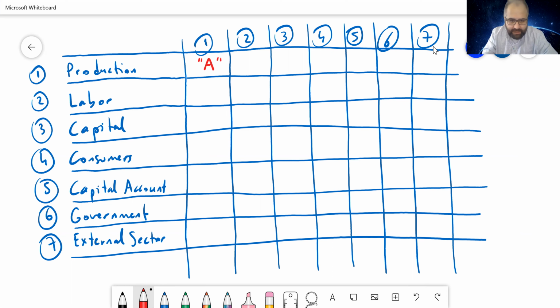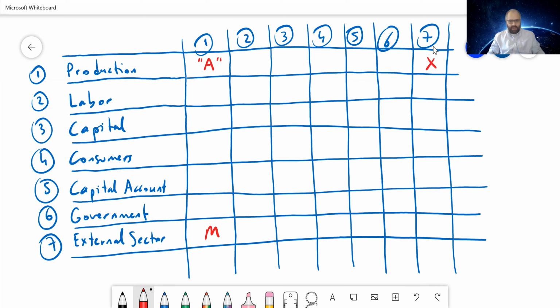Now, another simple account is the external sector. In the external sector, we use this formulation. Import is accounted as income for this sector, because the external sector imports goods and services from the outside world, or the rest of the world.